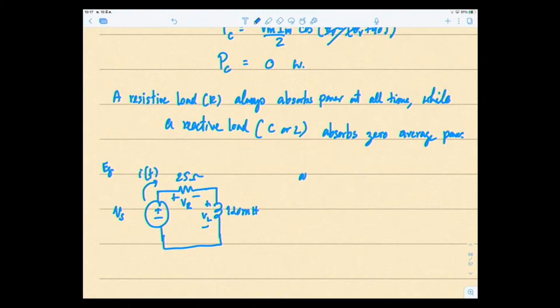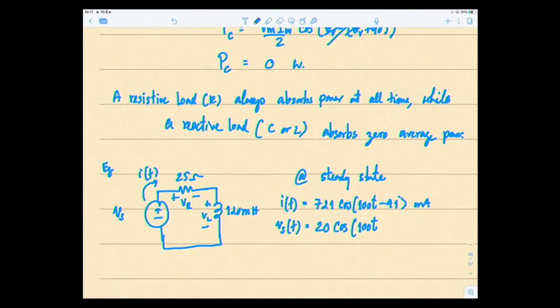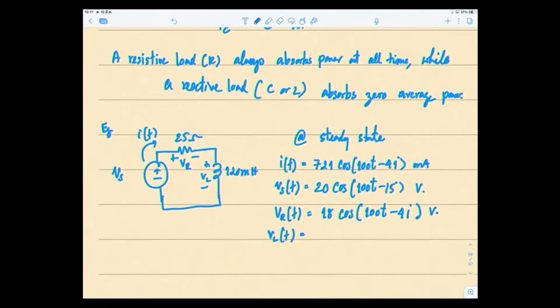The problem gives that at steady state, I of t equals 721 cos 100t minus 41 degrees milliamps, Vs of t equals 20 cos 100t minus 15 degrees volt, VR of t equals 18 cos 100t minus 41 degrees volt, and VL of t equals 8.66 cos 100t plus 49 degrees volt.